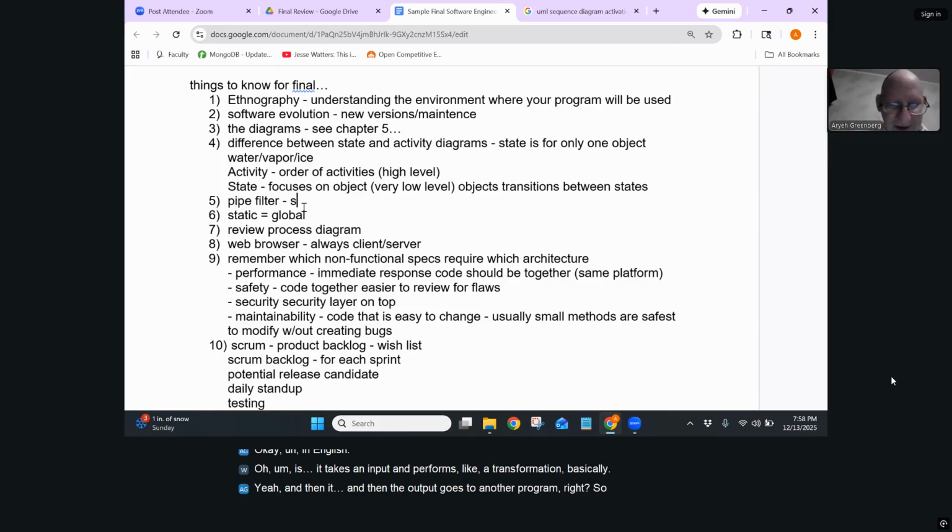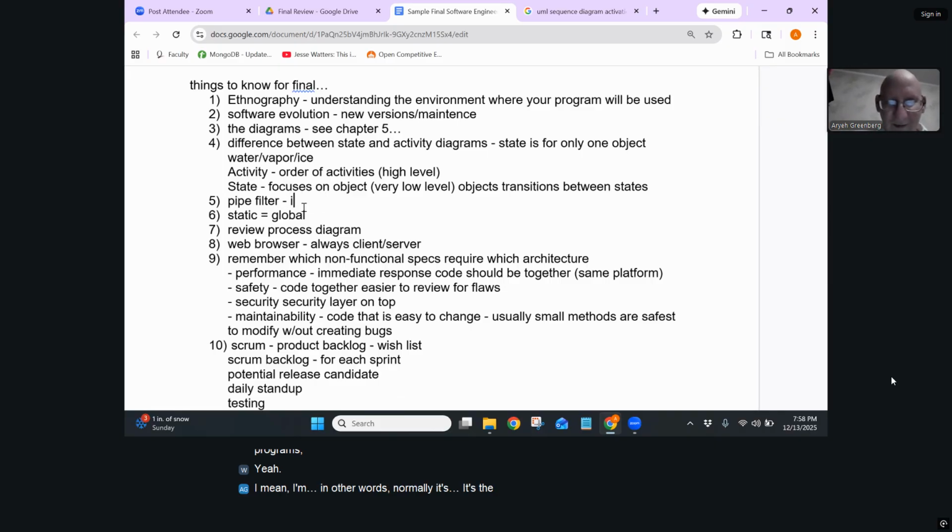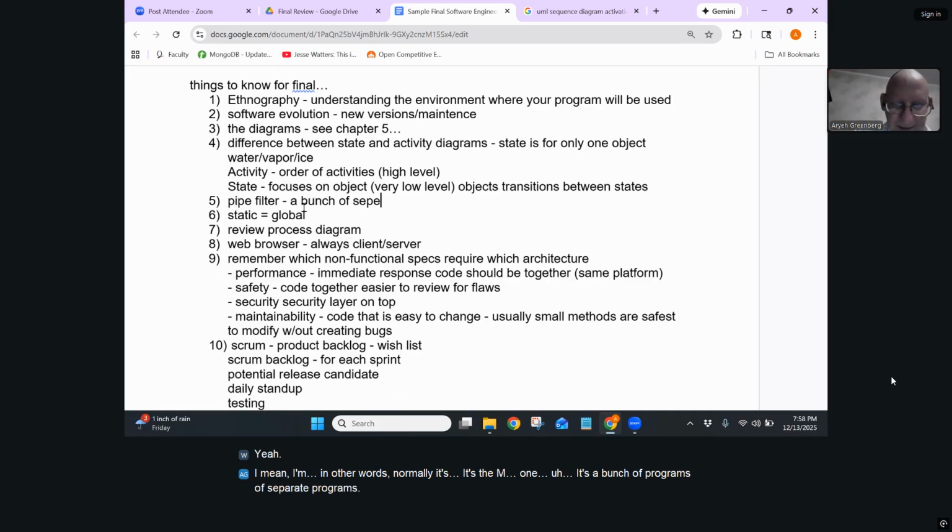It's a string of programs, a bunch of separate programs where the input of one is the output of the other.